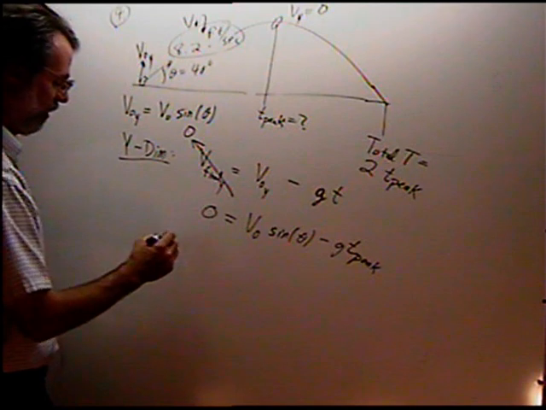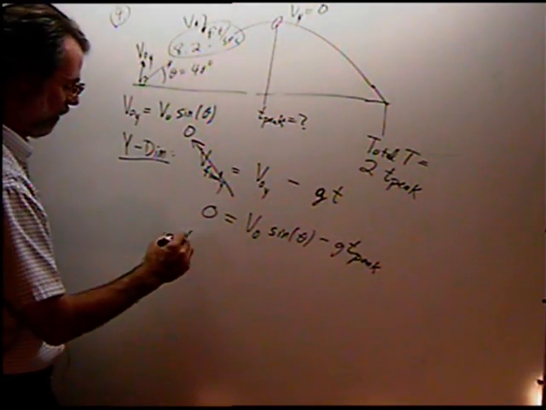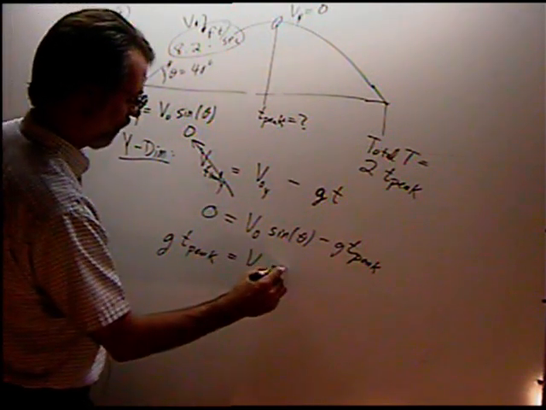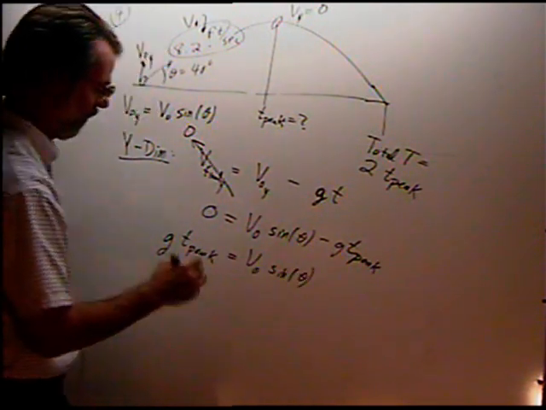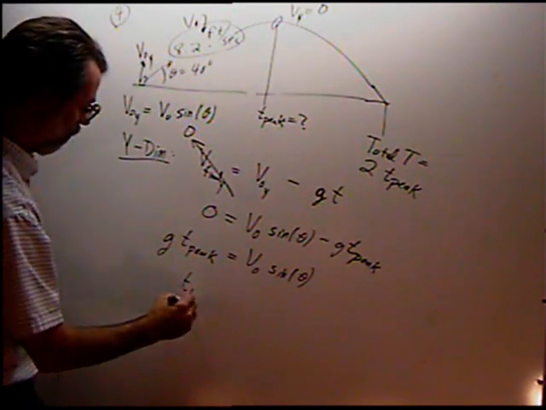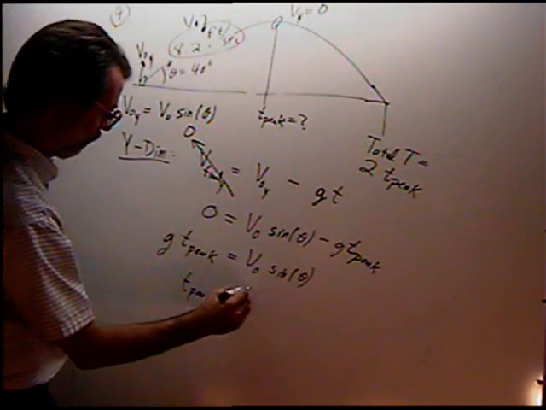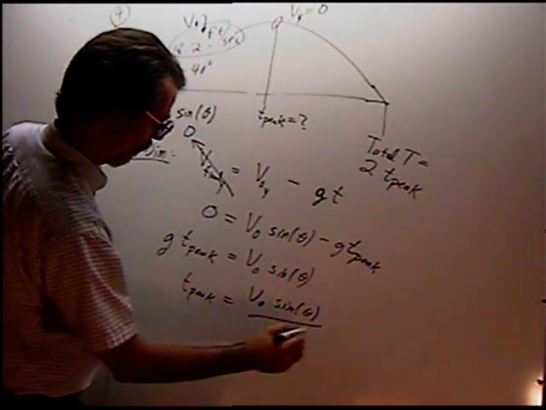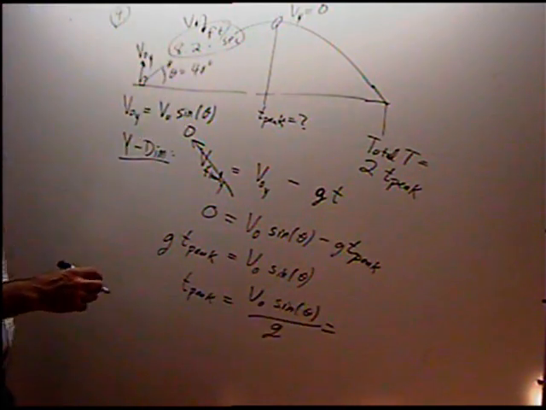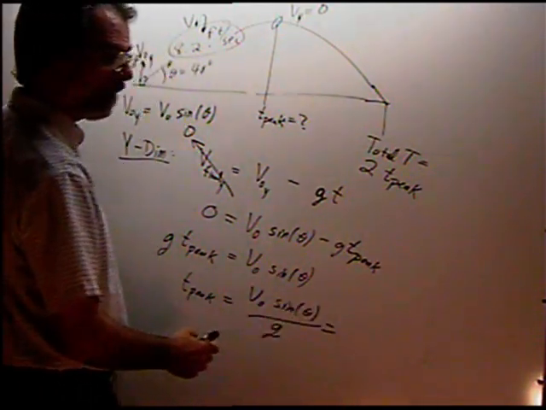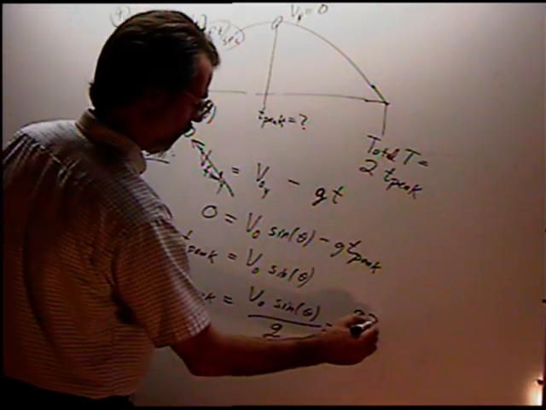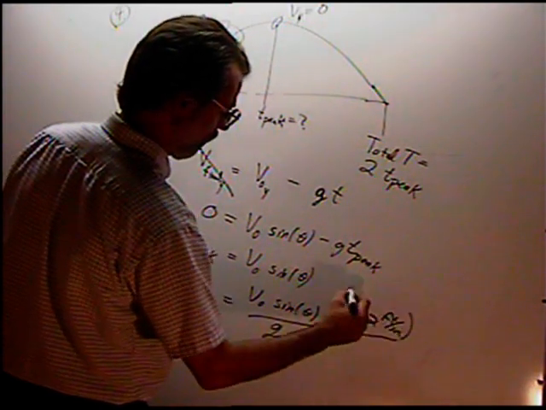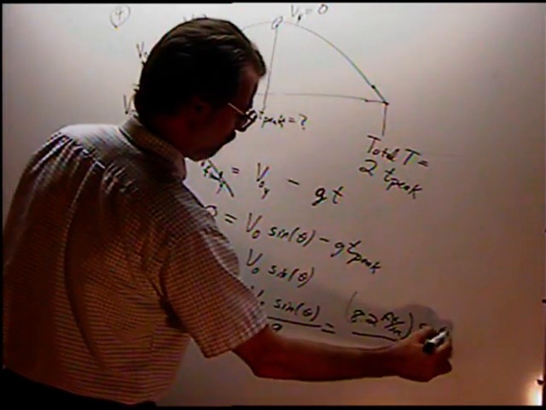So we can solve for this. g times time to peak equals the initial velocity times sine of the angle, so time to peak equals the initial velocity times sine of the angle, all divided by g. So we can just plug in the numbers: 8.2 feet per second times the sine of 40 degrees.